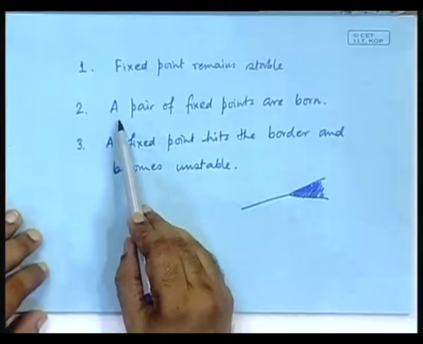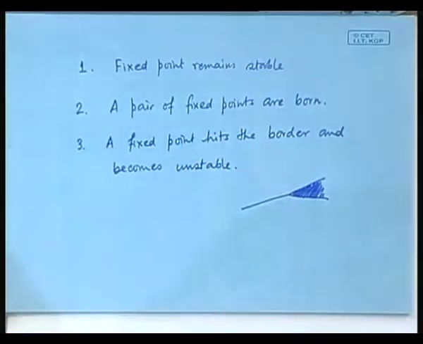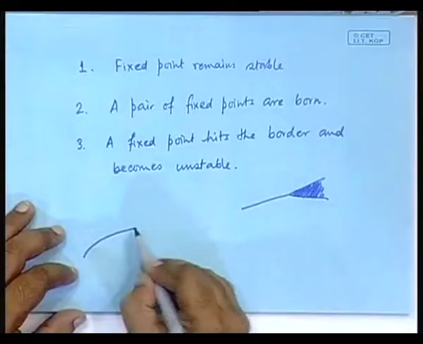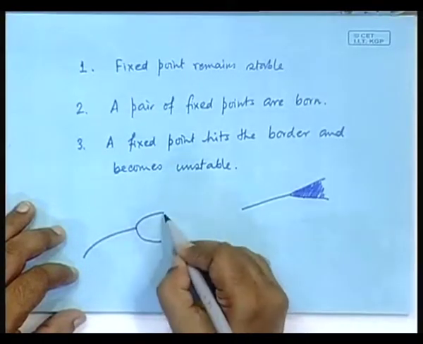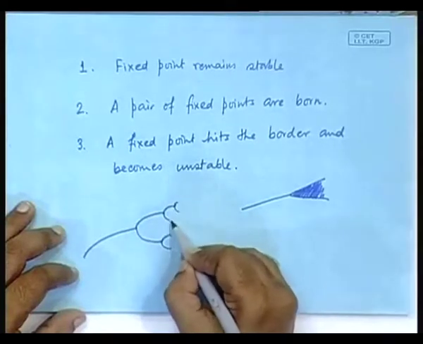We have seen that when a pair of fixed points are born, one can be unstable, another can be stable, a case which is reasonably well understood. Both could be unstable. If both are unstable, there is a possibility of having a chaotic orbit. Here also that happens. The only thing is that normally, when we were talking about smooth systems, for example, the logistic map, you have seen that the periodic orbit becomes period 2, becomes period 4, becomes period 8.